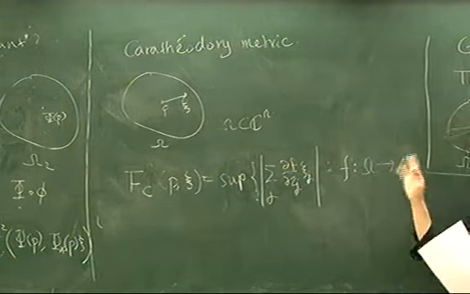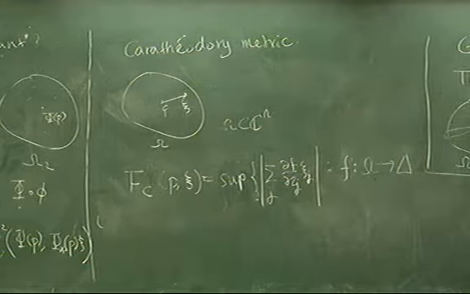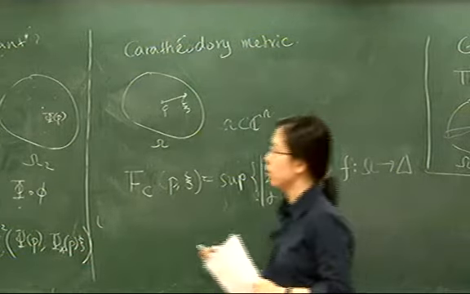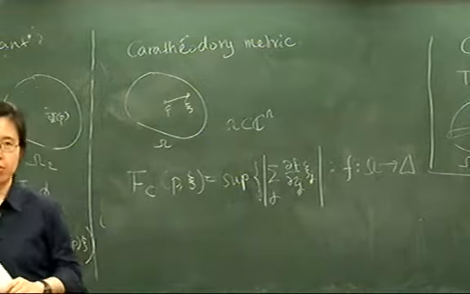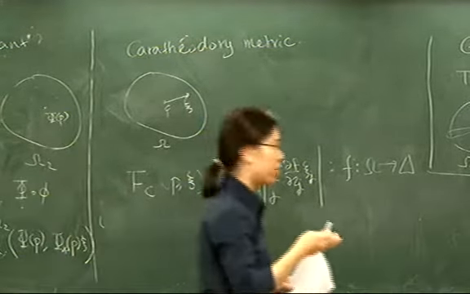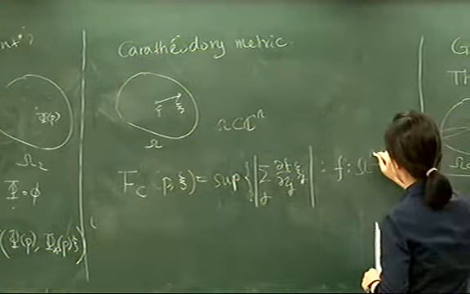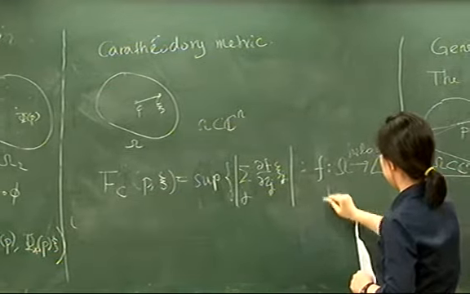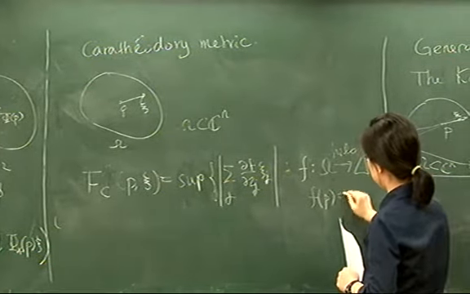So the direction is the other way. For the Kobayashi metric, you look at the image of the unit disk here. Here you consider bounded holomorphic functions such that f(p) is 0.